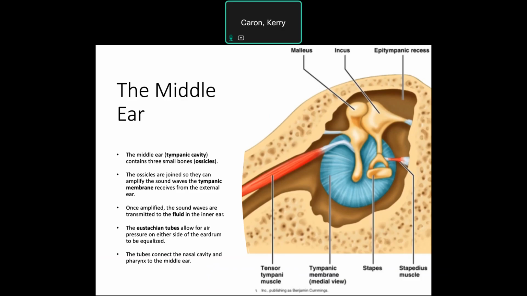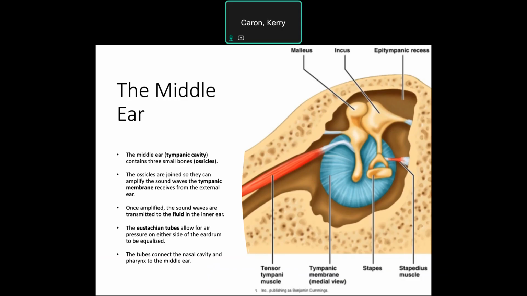the inner ear. The eustachian tubes allow air pressure on either side of the eardrum to be equalized. If you've been on an airplane and your ears were popping, that's built up pressure releasing. You want the air pressure on either side of the eardrum to be equalized.